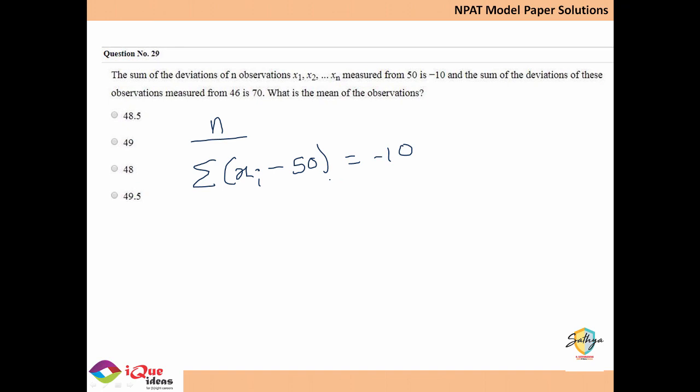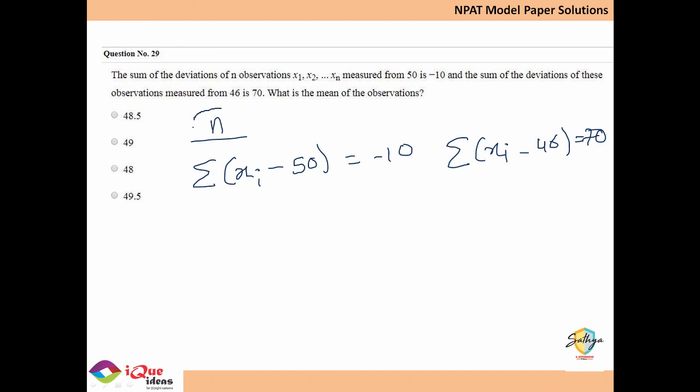So when I do this, I get sigma of xi minus 50 times n, the number of observations, is equal to minus 10. And also the second equation, sigma of (xi minus 46) is equal to 70, because it's given that the sum of the deviations measured from 46 is 70.